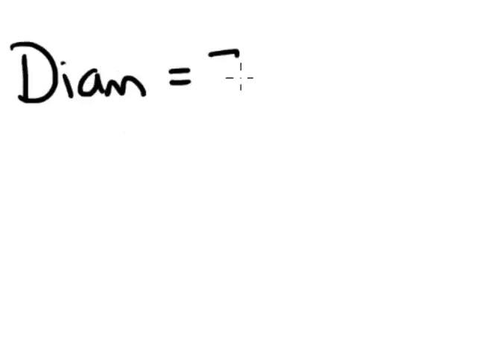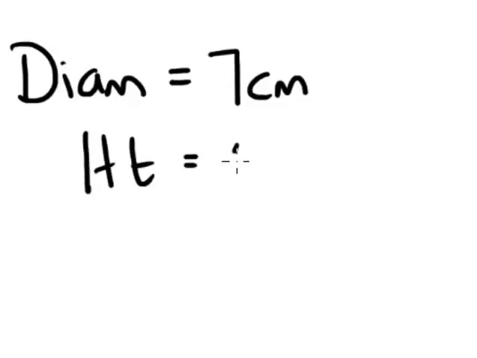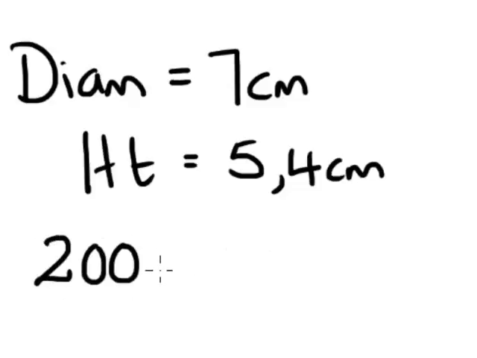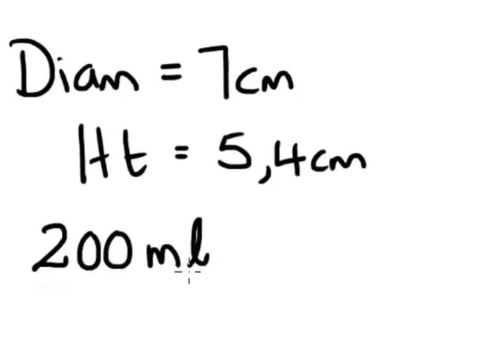The ice creams that are sold by the company come in tubs with a diameter of 7 centimeters, and the height of the tubs is 5.4 centimeters. On the side of the tub, it shows that the content in the container is 200 milliliters.